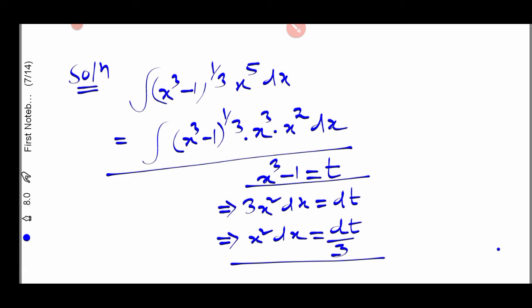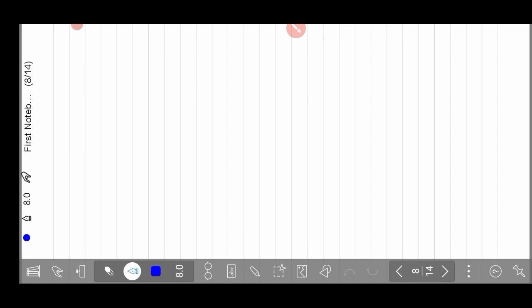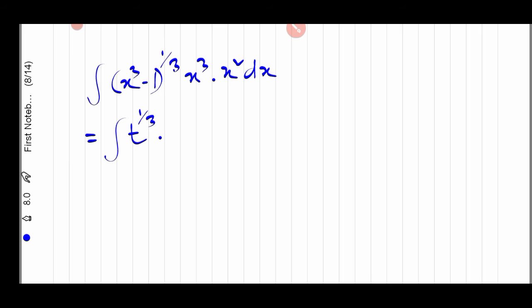We have the integration of (x cube minus 1) whole to the power 1 by 3 times x cube into x square dx, which is t to the power 1 by 3. Instead of x cube we can write t plus 1, since we assumed x cube minus 1 equal to t, and from here x cube equals 1 plus t.